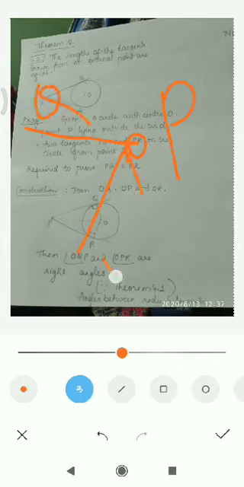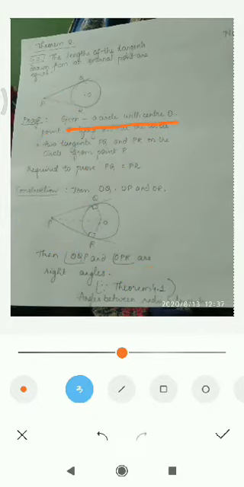So now you will write the proof. Every time when you write the proof, start with what is given in the statement. Given a circle with center O, and a point P outside the circle from where two tangents PQ and PR are drawn.